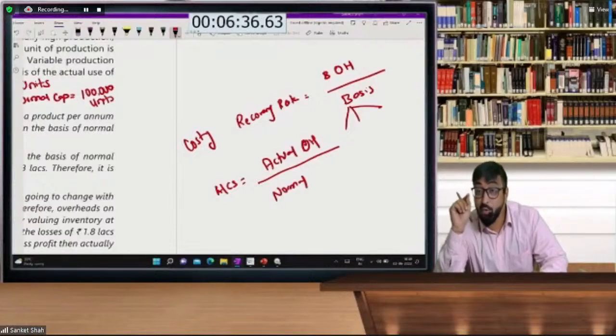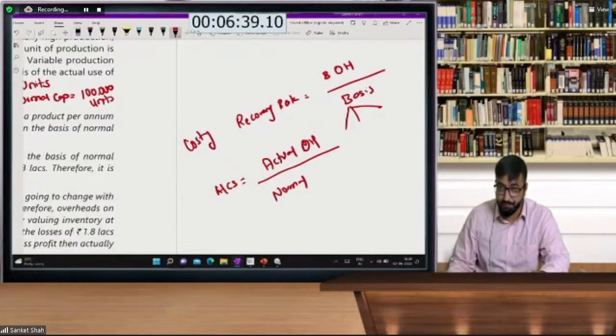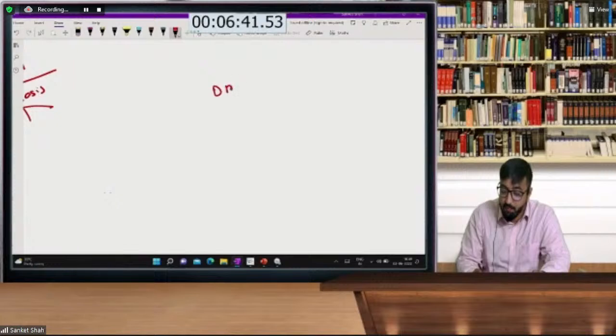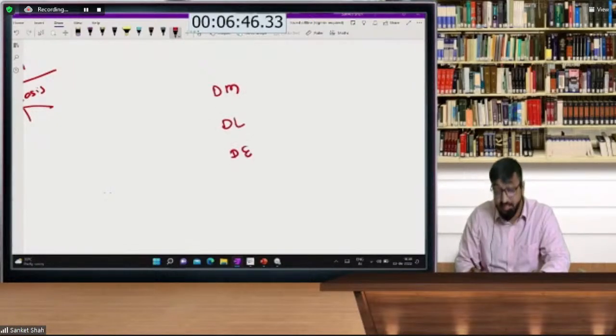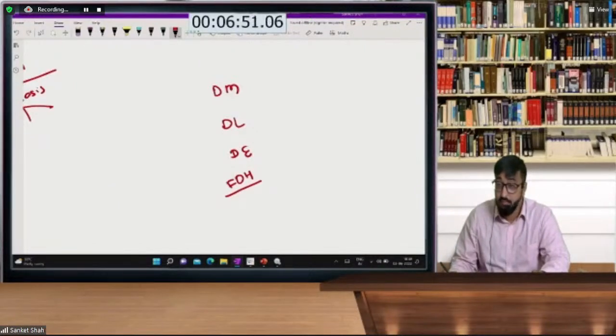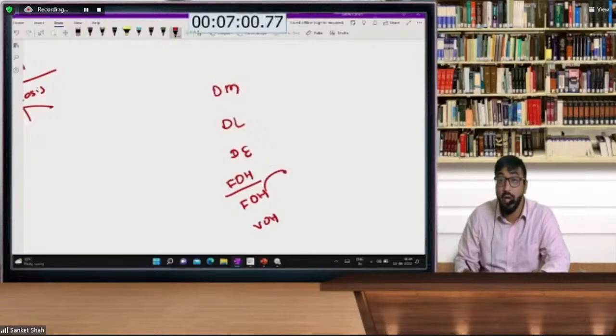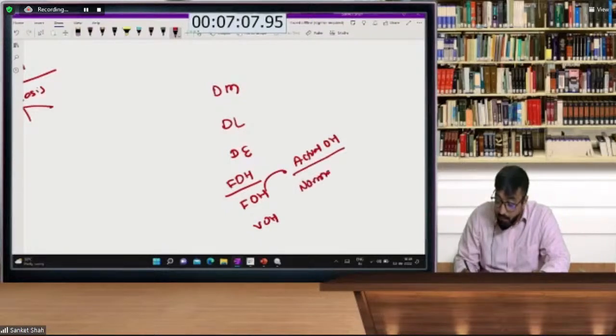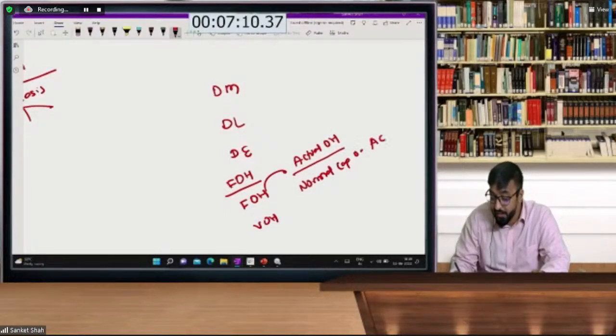Whenever you are calculating closing stock valuation, you will consider direct material, direct labor, direct expenses, and factory overhead. In factory overhead, you have 2 types of expenses: fixed overhead and variable overhead. Now how to calculate fixed overhead per unit? Per unit you will calculate by taking actual overhead divided by normal capacity or actual capacity, whichever is higher.